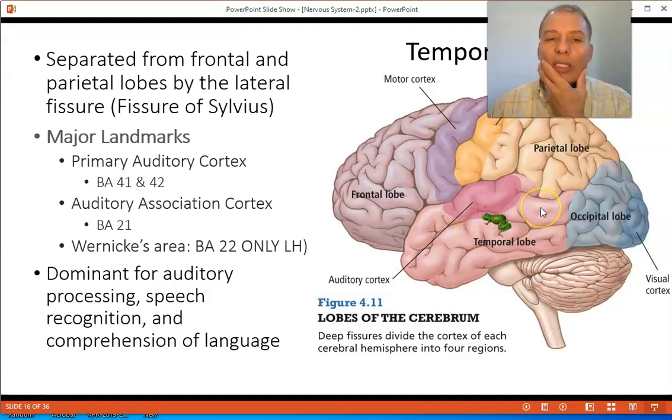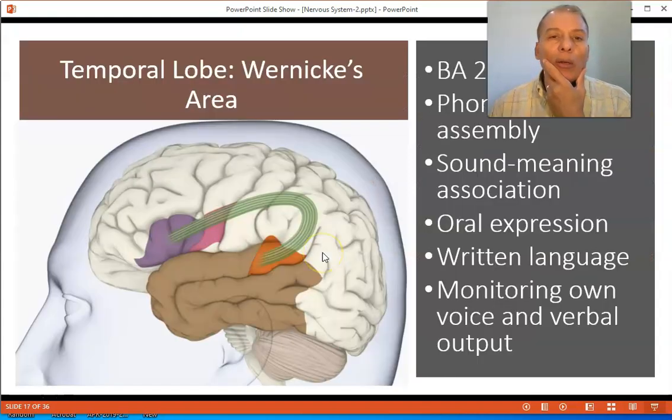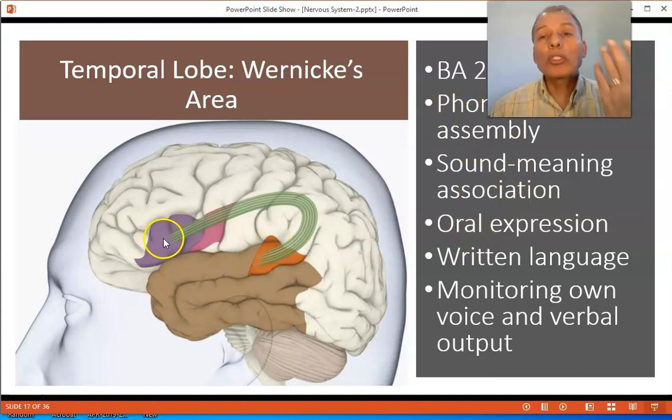Wernicke's area is critical for associating sounds with their meanings, words with their meanings, for assembling phonemes into individual words, for oral expression, because before you say something, you need to rehearse it, and in order to rehearse it, you have to go to Wernicke's area.